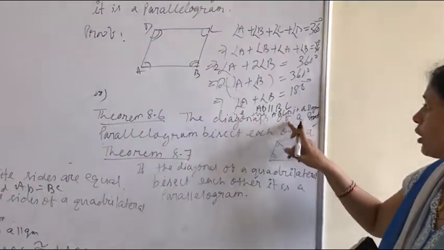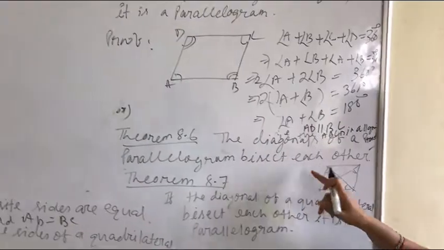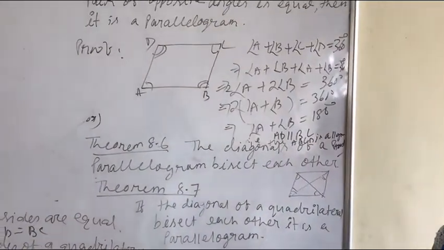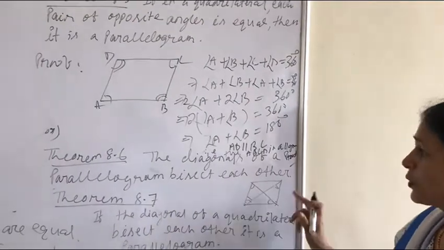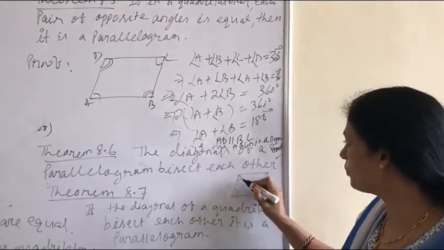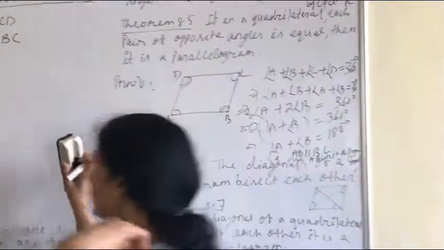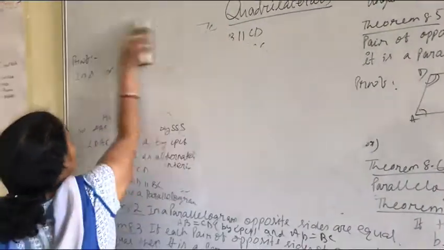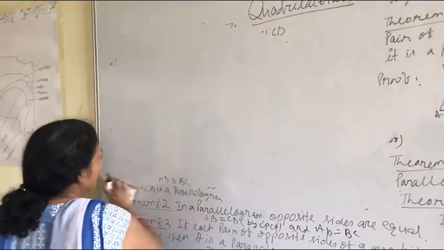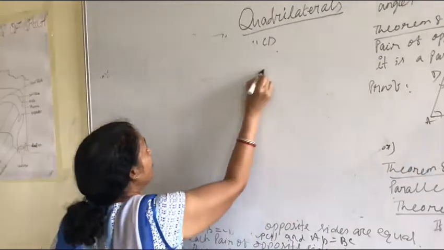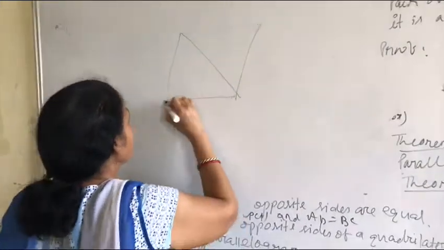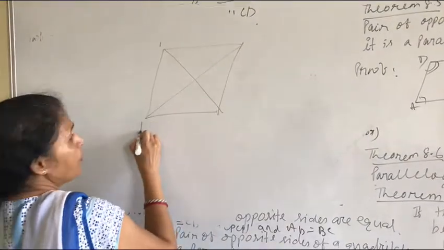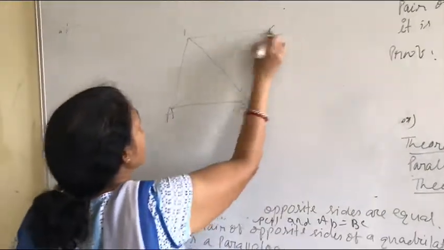The diagonals of a parallelogram bisect each other. This is the third property also. The diagonals of a parallelogram bisect each other. That means you have to prove diagonals of a parallelogram bisect each other. Suppose ABCD.